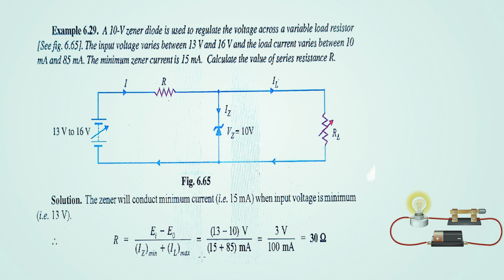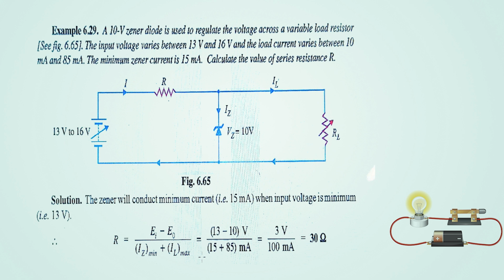When the minimum current is given for the Zener, that is 15 milliampere, that will be obtained with the minimum supply voltage, that is 13 volt, since the voltage is in varying condition. So, applying these values, the value of R can be calculated from EI minus E naught divided by IZ minimum plus IL maximum.